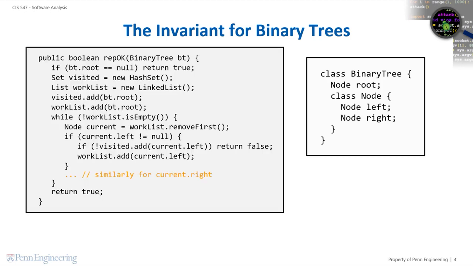Let's look at a concrete implementation of the condition we just outlined for binary trees. It is a function called rep_ok in Korat terminology. It takes as input a binary tree object bt and returns true if it is a valid binary tree and false otherwise.